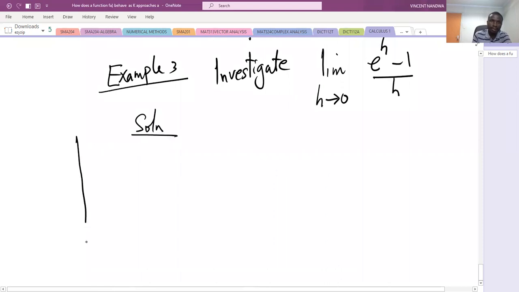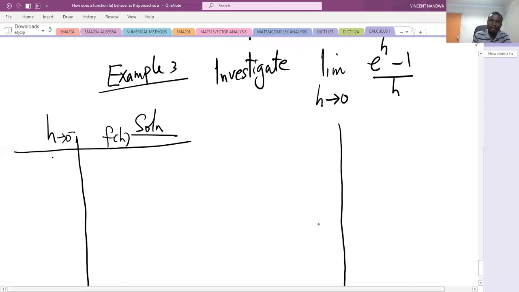We have our table of values for h, and in terms of h, we call it f of h. So we start with h approaching 0 from the left, and then we have h approaching 0 from the right.